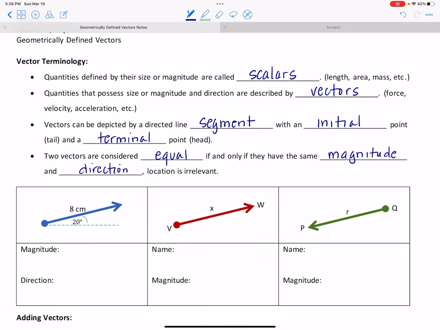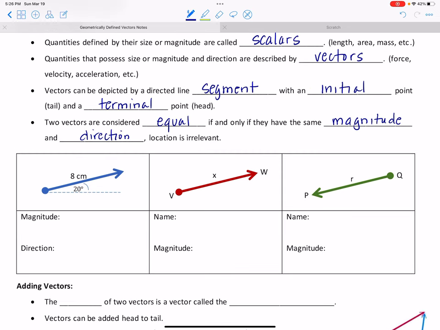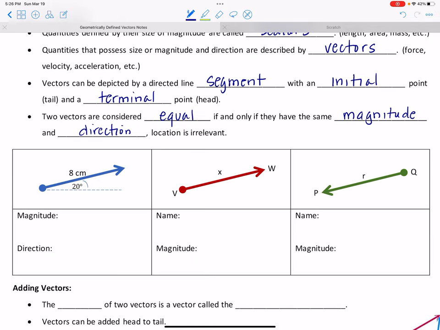All right, so let's just get a little more vocab in. So if I wanted to know the magnitude of the vector that's in this first box, the magnitude of the vector would be the measurement of the vector itself, which would be the 8 centimeters. And if I said, what's the direction? So a lot of different ways to give direction. We've seen direction given with bearing, where we start from due north, or bearing with two components like north 42 degrees east.